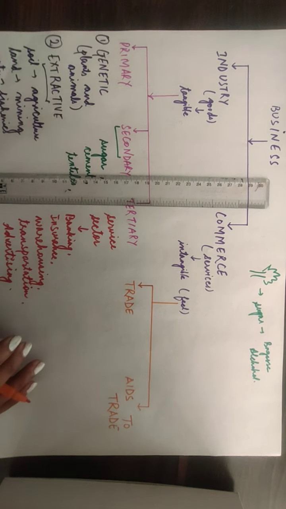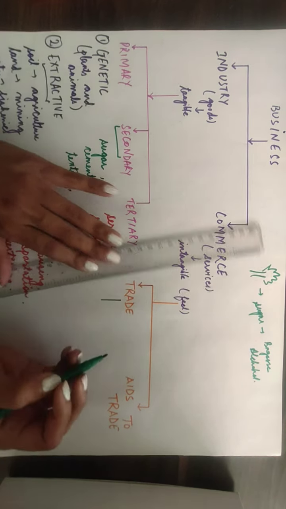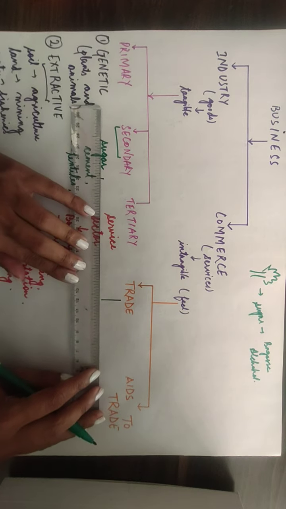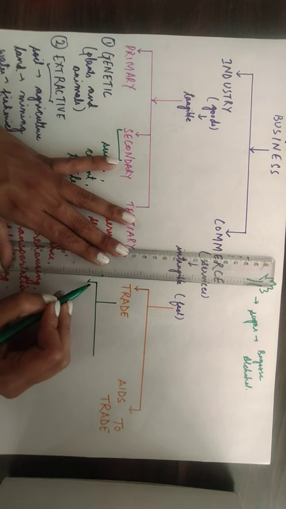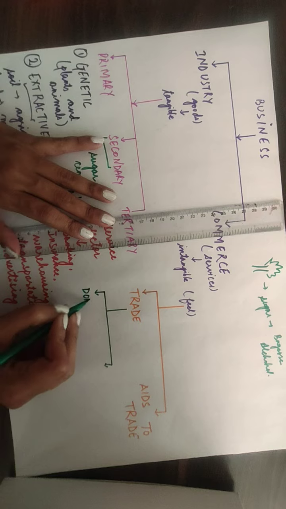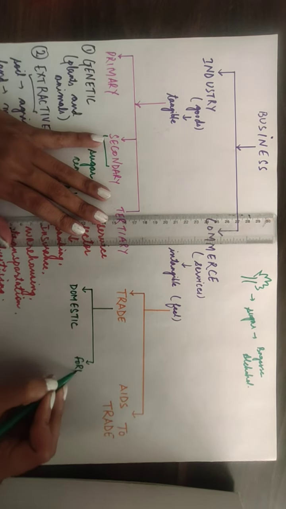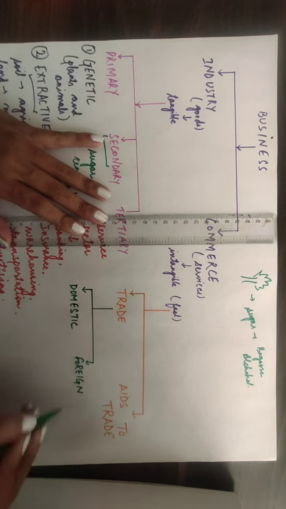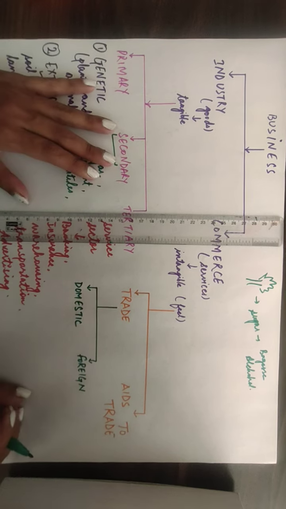Now trading here means what? Trading means that you have to sell your goods. Now selling goods we can again split into two. That is, you want to sell it within India, that is within your country, or in a foreign country. So this will give you two names. That is, you want to do domestic trade, that is you want to sell your goods within India, or you want to do foreign trade, right? So this is the segregation which you can make according to the selling and distribution of your product.